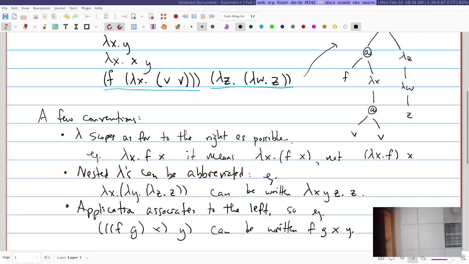Because maybe f is like a function that takes 3 arguments, which really means a function that takes 1 argument, and then that is a function that applies to this, which is a function that applies to this. So all these conventions do is let us write lambda terms with fewer parentheses and with some abbreviations. It doesn't fundamentally change what they are.